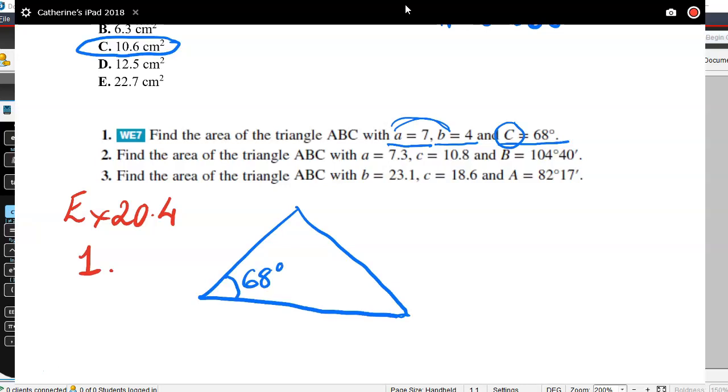And I hope you all draw out the triangles, because it's really important that you draw the triangles, even with these simple ones that we start with.